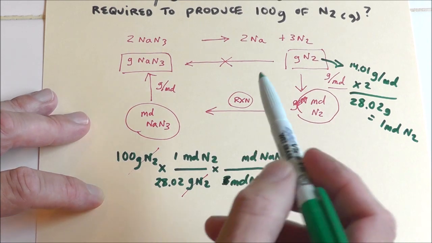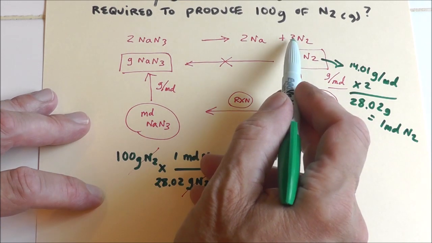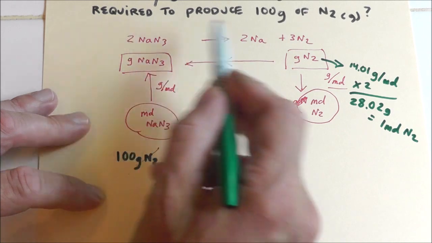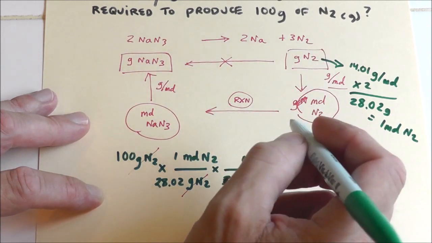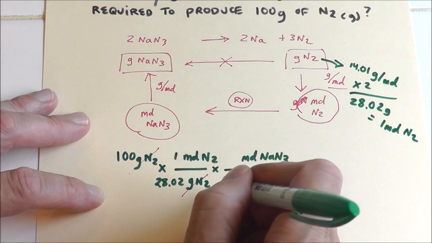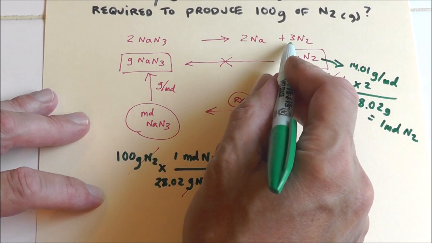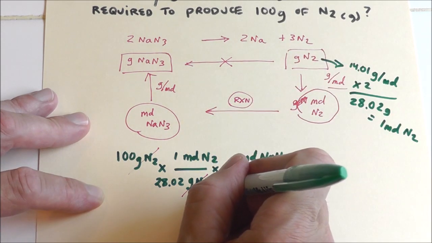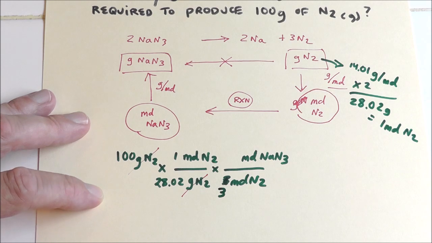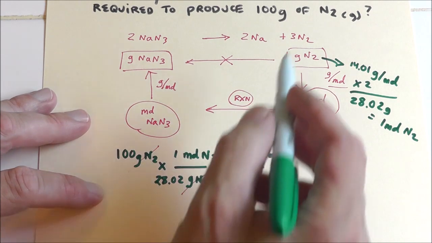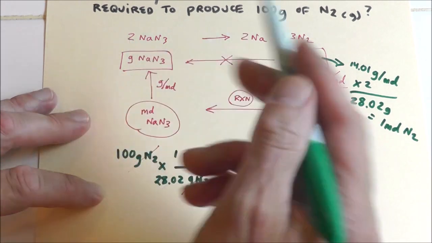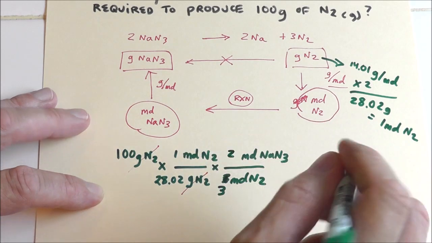What we're going to do next is take the coefficients next to each mole, and don't think too hard, folks. We're going to take the coefficient next to N2 and put it right there. That's a 3. 3 moles of N2 must have come from 2 moles of NaN3.